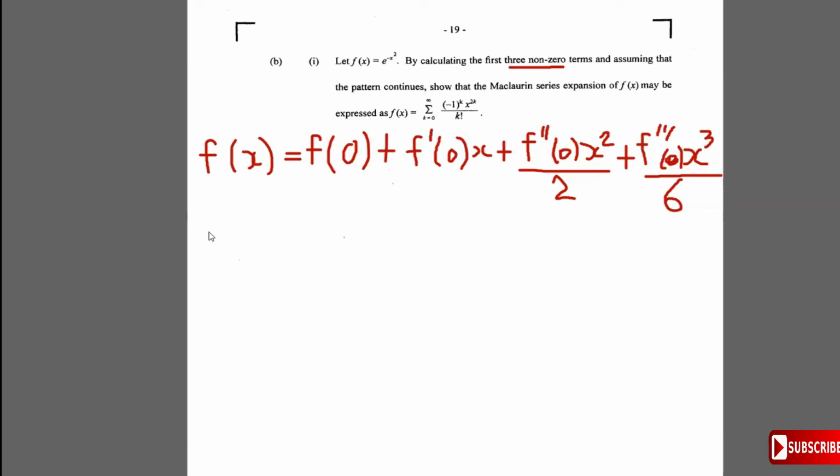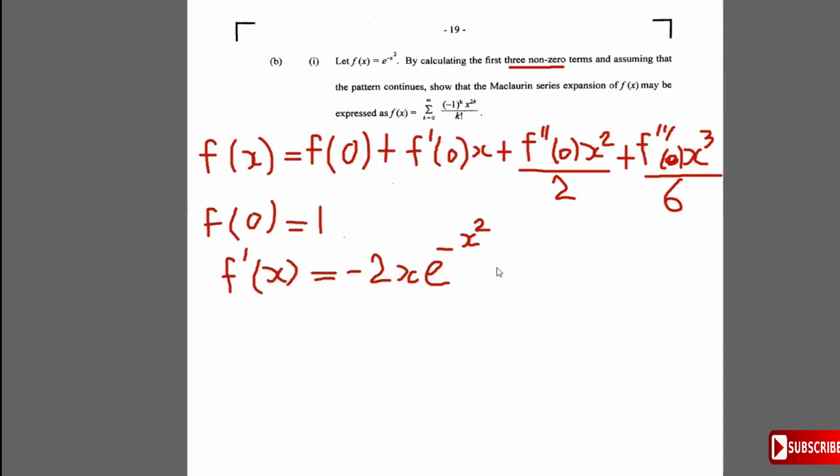So first let's find out what f(0) is. Plugging in x equals 0, we get e to the minus 0, which is 1, so f(0) is 1. Now we need to find f prime of x. f prime of x is going to be equal to, we differentiate minus x squared to get minus 2x e to the minus x squared.